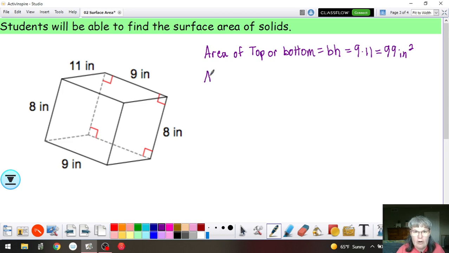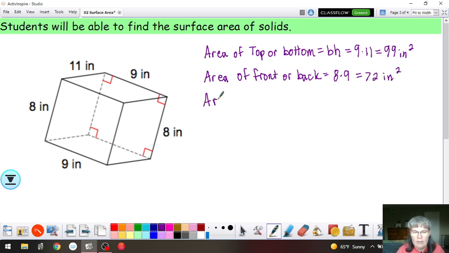Then we have the area of the front or back. So we have 8 times 9. The front is 8 high, 9 across, 72 square inches.